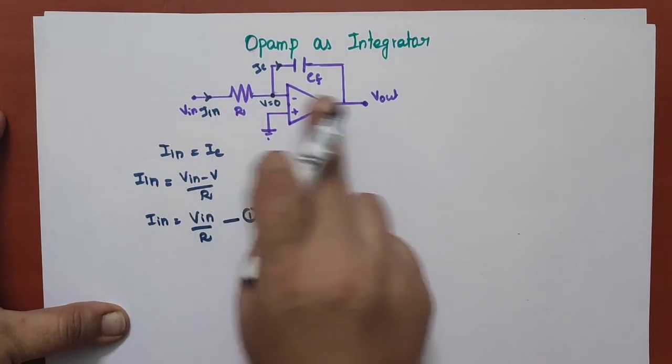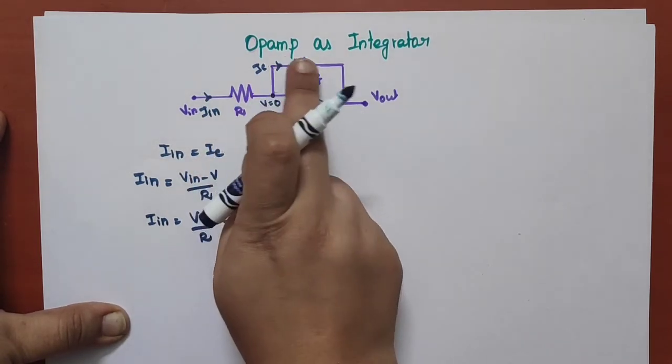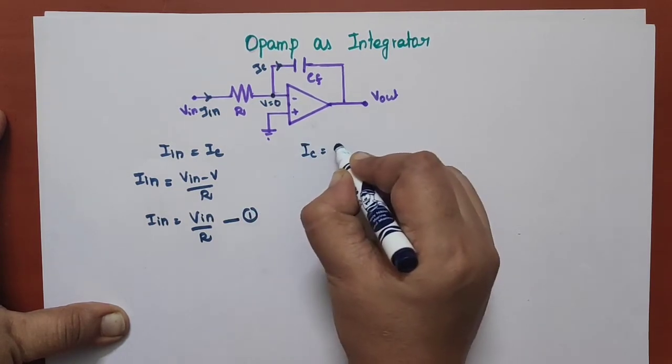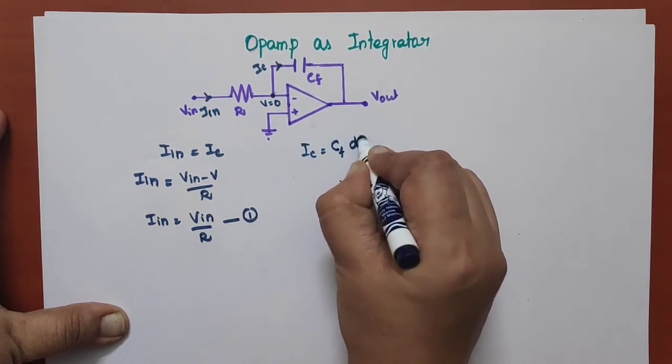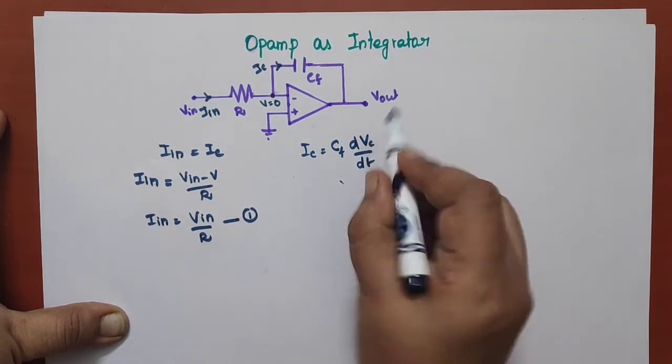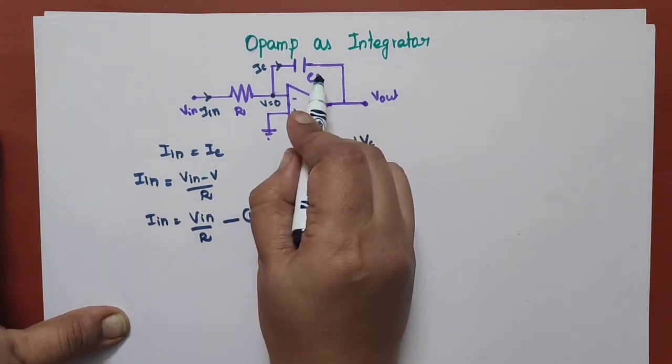At the output side, we can write the current through the capacitor as IC is equal to CF into dVc divided by dt. Here Vc is nothing but the voltage across the capacitor.